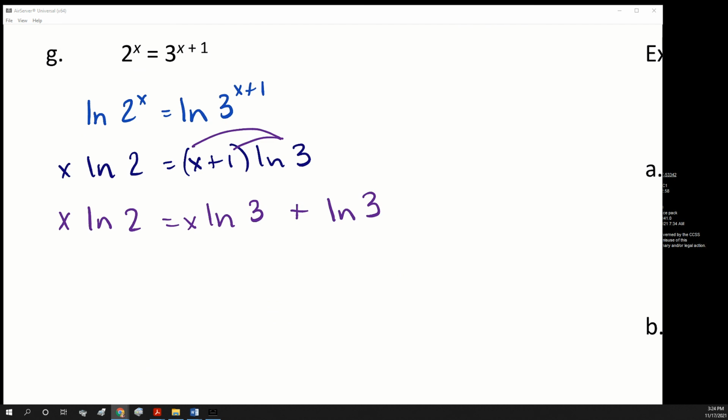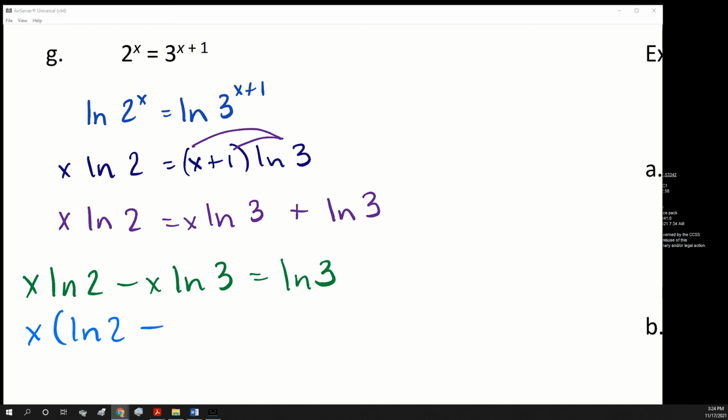Okay. Now, just like normal equations, there's x's on both sides. We need to get the x's on the same side. And to be able to solve for x, we kind of have to pull it away from the other parts, which involves factoring out the x.